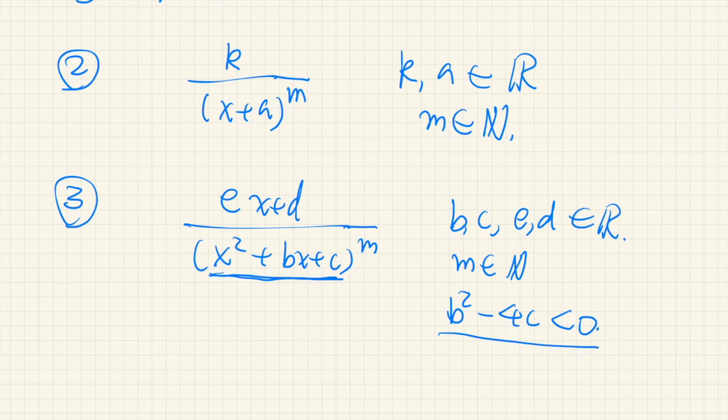So this condition means that this quadratic form cannot be decomposed into simpler forms, such as x minus a times x minus b, as long as we impose the condition that a and b must be real numbers. Okay, so the roots of this quadratic form are imaginary or complex, not real.